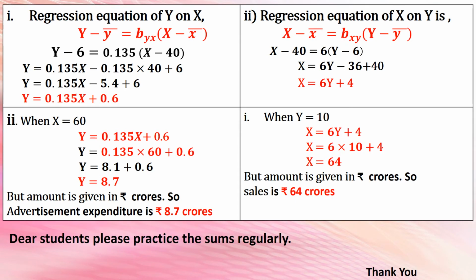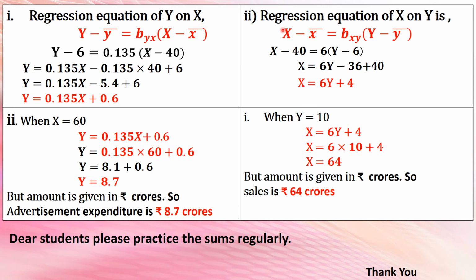Now we formulate the regression equations, both the regression equation of y on x and regression equation of x on y. First one, y minus y bar is equal to byx into x minus x bar, and substitute the values. We will get the equation as y is equal to 0.135x plus 0.6 as the regression equation of y on x.